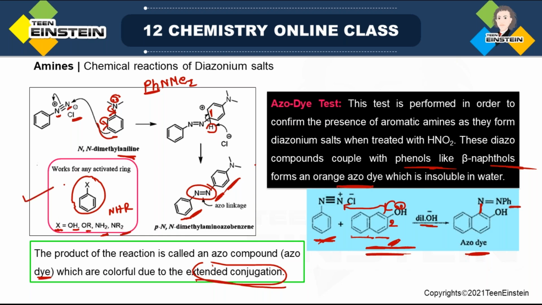For example, you can see in this pink box all the possibilities. It may be any NH2 substituted benzene ring or naphthalene ring, or NR2 group substituted benzene or naphthalene, like this. So this is the azo dye test.